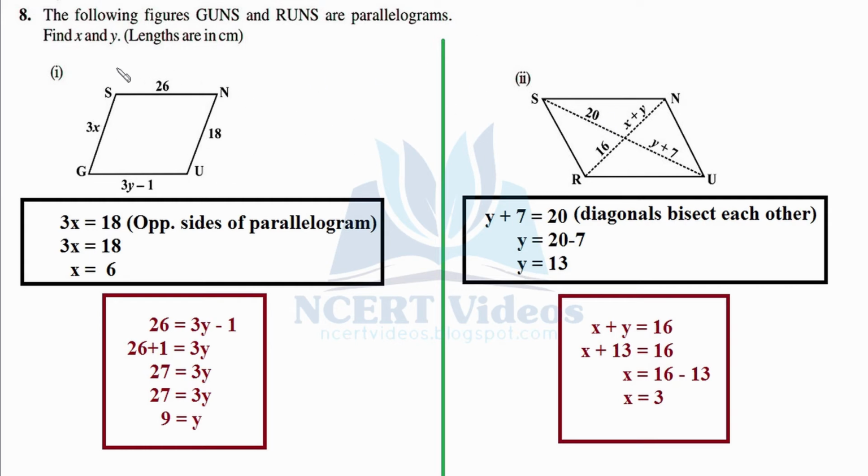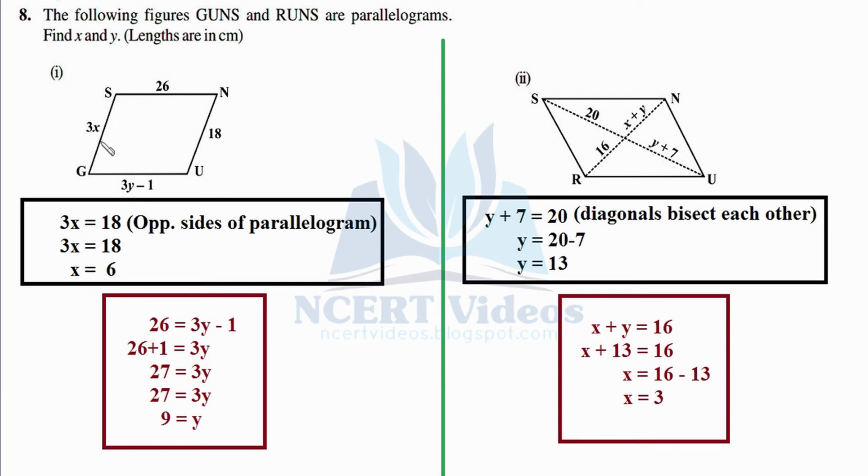So let's try to visualize the first parallelogram, GUNS. If you know, in a parallelogram, opposite sides are always equal. So line segment GU will be equal to line segment SN. With this, we can easily frame one equation, that is 3y minus 1 will be equal to 26. Since we are dealing with only one variable and we know how to solve it very well, we will be able to find the measure of y.